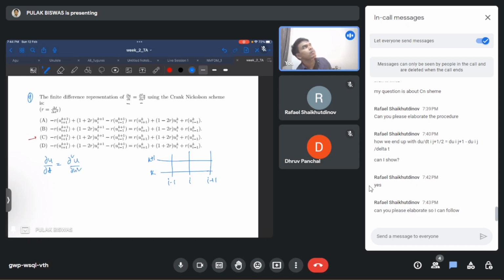But you have seen there, for the implicit scheme, you are using the central difference for the spatial derivative, and for the time derivative, you are using backward difference. Backward means your level of computation will be here, and you will be using the previous value: present minus previous value.